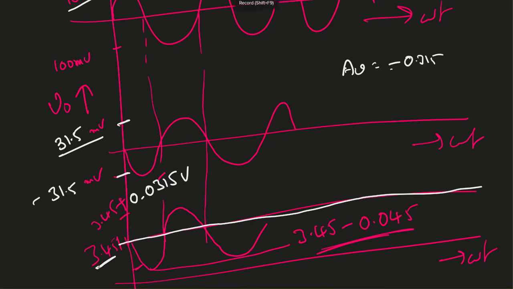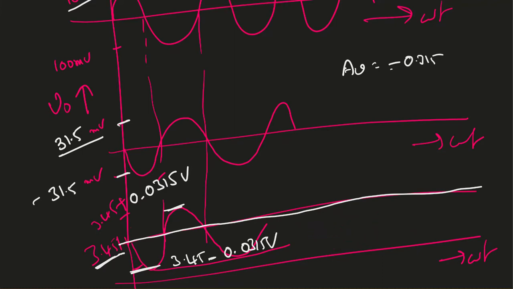So VD varies from 3.45 plus 0.0315 to 3.45 minus 0.0315 volts. Okay, so these are the waveforms.